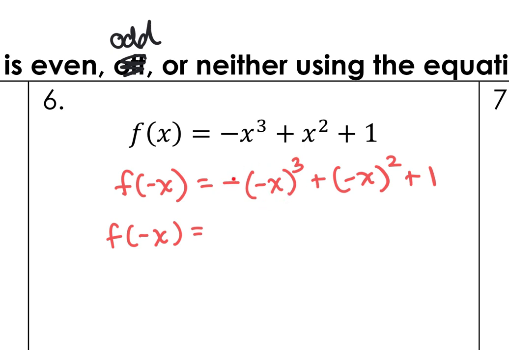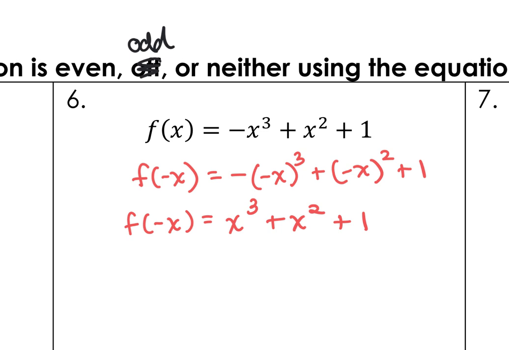But then I multiply it by this negative. So all of a sudden I have a positive x to the third power. What happens when I square a negative? It becomes a positive, so plus x squared plus 1. Now, these became opposites, the first term, but did the second term become opposites? No. They're not the same. They're not opposites, so this one is neither.